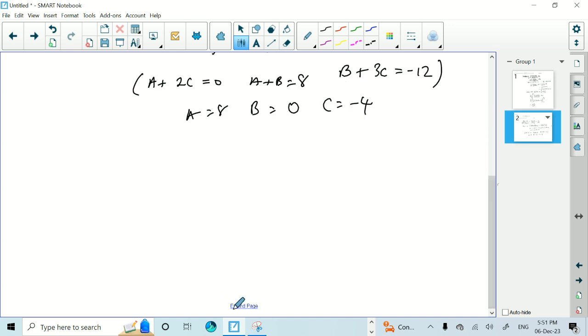Now, going back to the integration, we've got 8x over 2x squared plus 3, because that's the value of a, minus, substituting these values in, 4 over x plus 1, because that's the value of c.